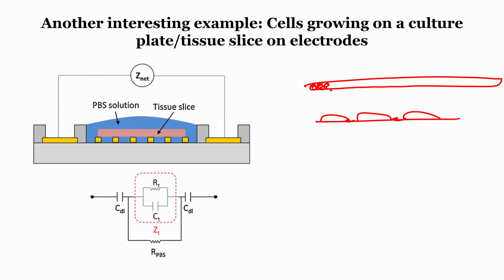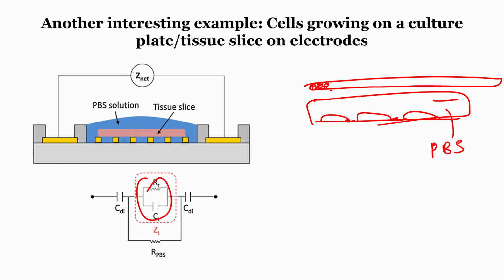So, you can effectively put the effective impedance of the whole tissue as one resistor in parallel with a capacitor, and let us say the tissue is kept in a solution called PBS, phosphate buffered saline. It is what is used to maintain the pH so that the cells do not die. That is again a salt solution, so it has a resistance, RPBS.